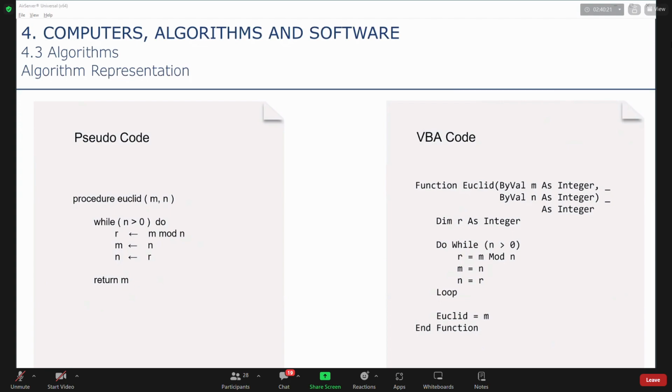So maybe let's just continue meanwhile with the last slides while it is starting. I don't know why it is that slow.